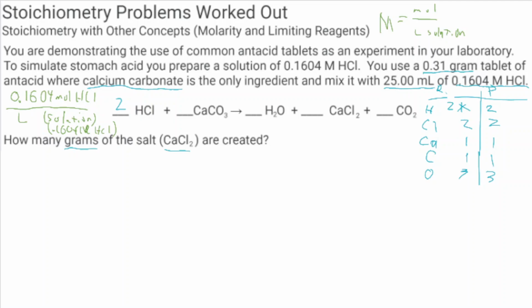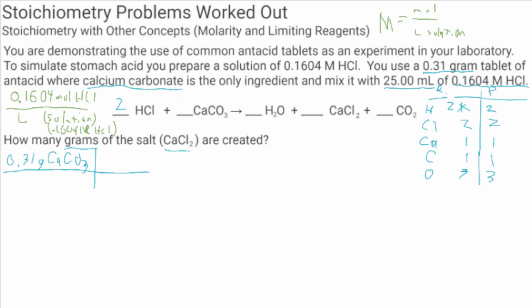So let's go ahead and write that down. We have 0.31 grams of calcium carbonate. Then we need to cancel that out with grams of calcium carbonate.